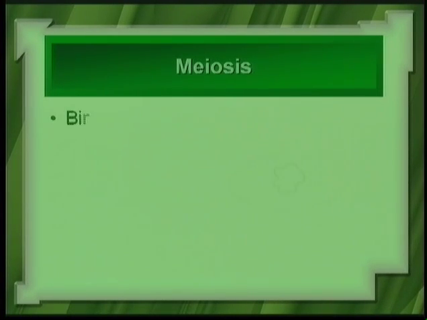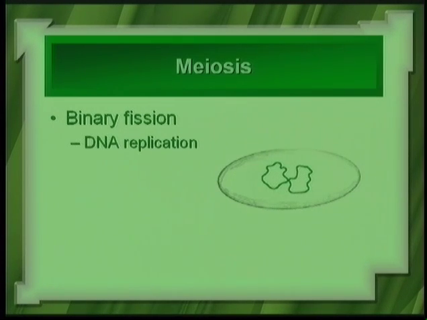Now, meiosis does not happen in bacteria. They have a process known as binary fission. Generally what happens first is DNA replication, and you can see here that the single chromosome inside a bacterial cell is circular, whereas in plant cells the chromosomes are linear.